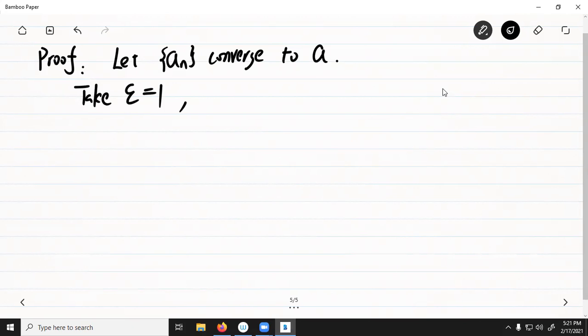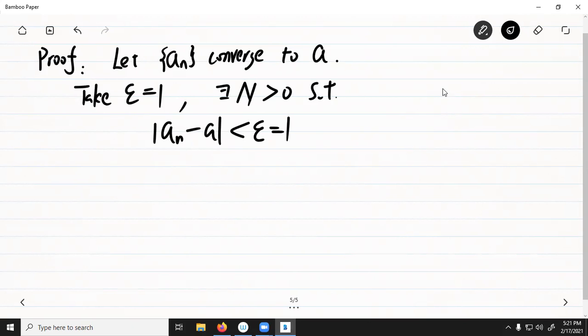Okay, there exists a capital N for this epsilon equal to 1, greater than 0, such that the absolute value of AN minus A is less than epsilon, which is equal to 1, so less than 1 for n greater than or equal to this capital N, right?